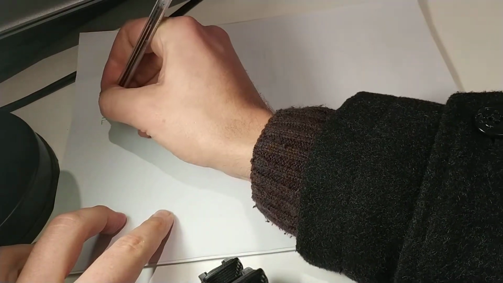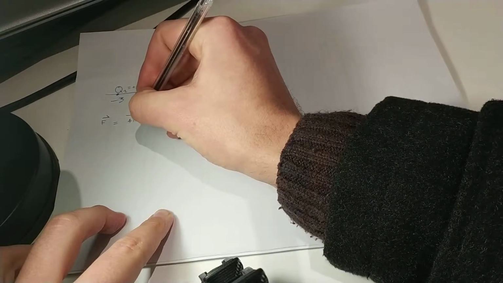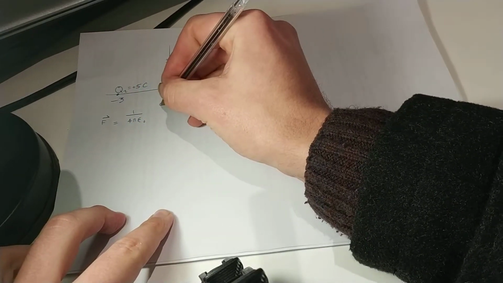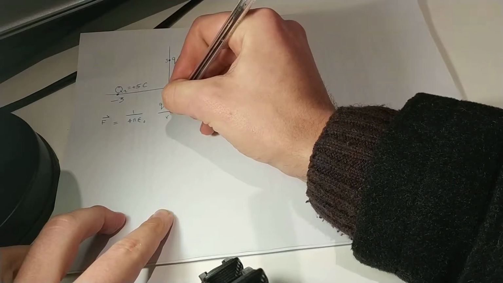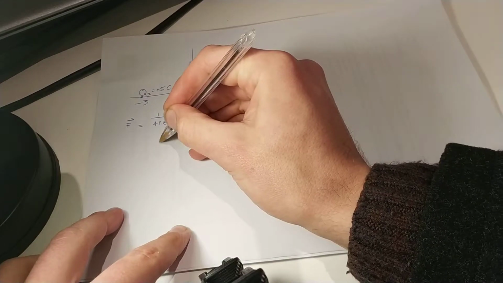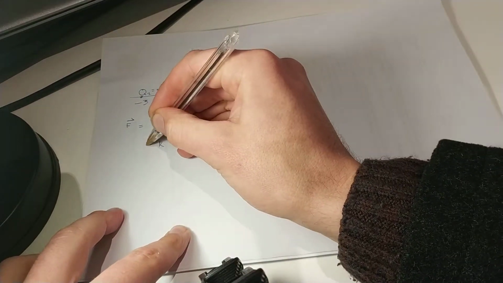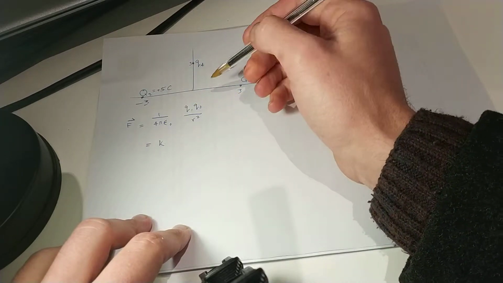We're using F as a vector equals 1 on 4 pi epsilon naught Q1, Q2 on R squared. And by now, we can probably make a few simplifications. So for a start, let's drop K in just to save us some time and save a bit of writing. And then let's say Q2 is our test charge.